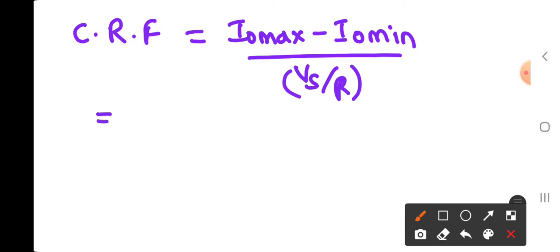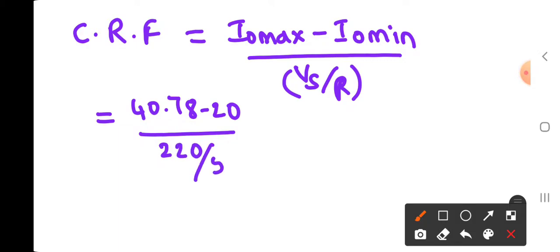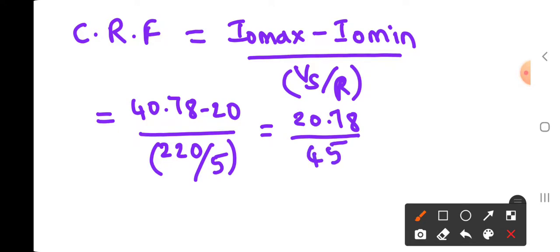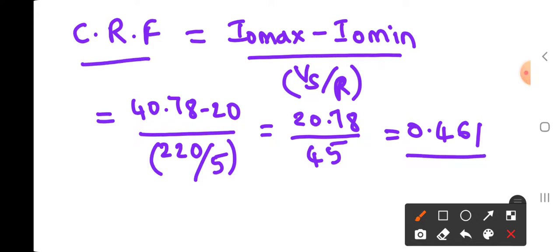So this can be calculated as 40.78 minus 20 over 220 by 5. Hence, this value is 20.78 over 45, which is 0.461. The current ripple factor is 0.461.